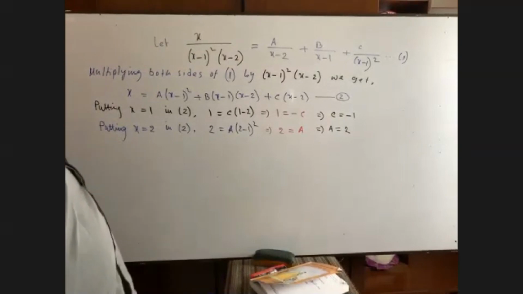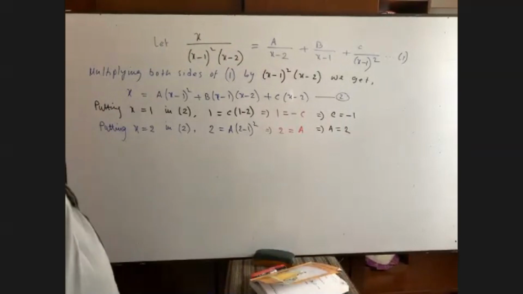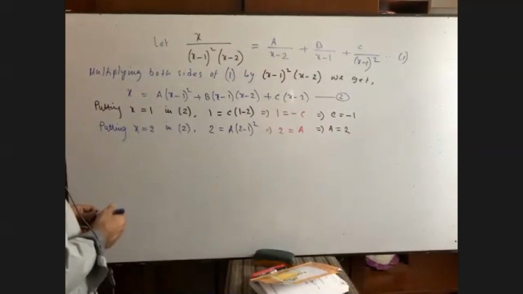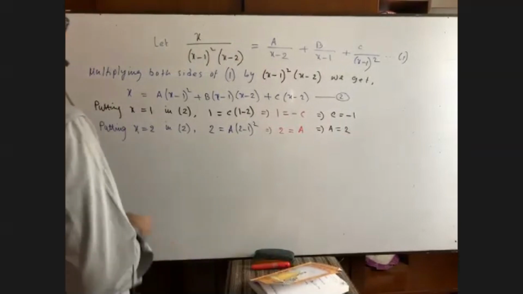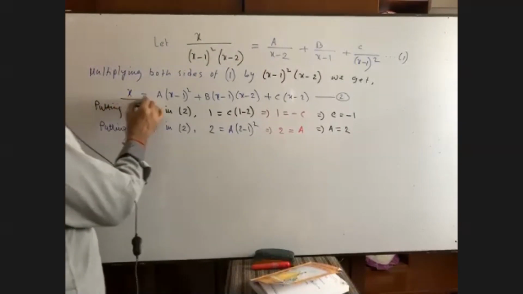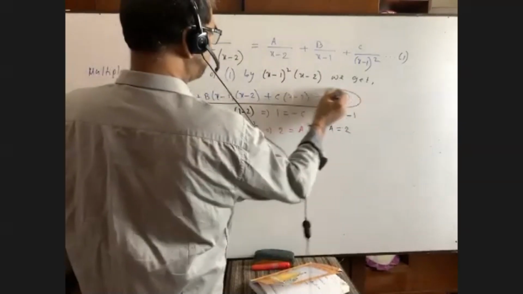For getting B, we don't have any other option. So what will you do? You have to think always that you have to expand. This equation 2 is to be expanded now.